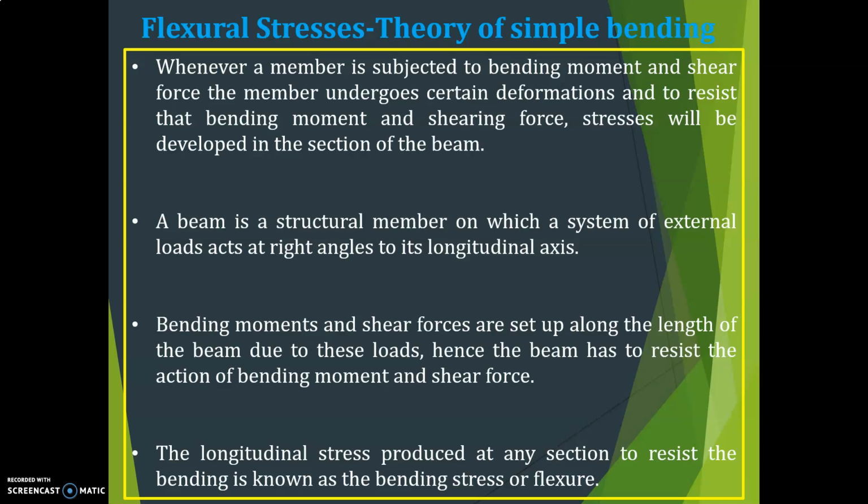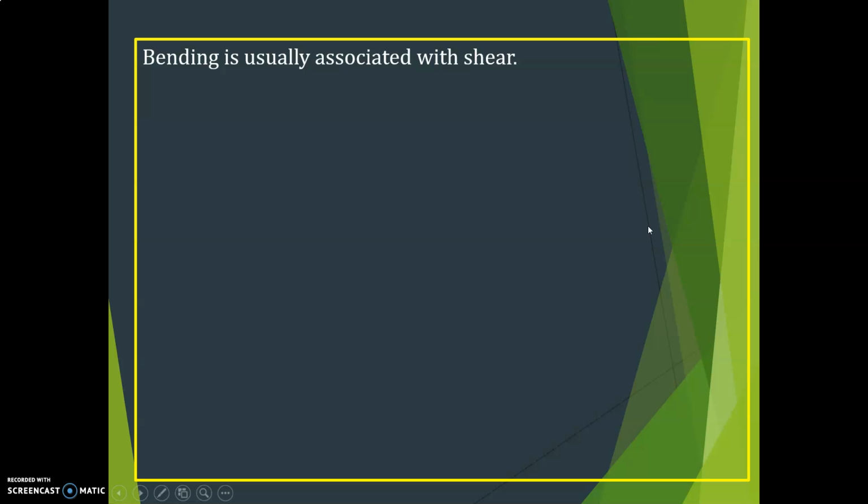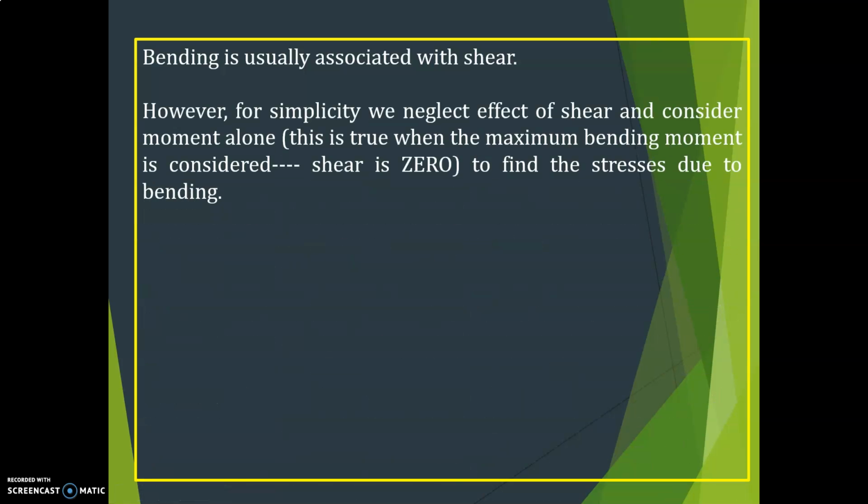The bending moments and shear forces are set up along the length of the beam due to the loads. So the beam has to resist the action of bending moment and shear force. To do that, the longitudinal stresses produced at any section to resist the bending is known as bending stress or flexure. Also, bending is usually associated with shear.